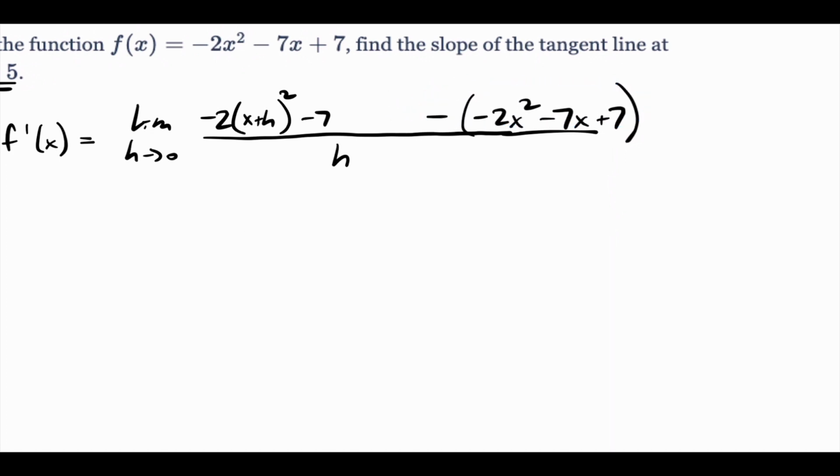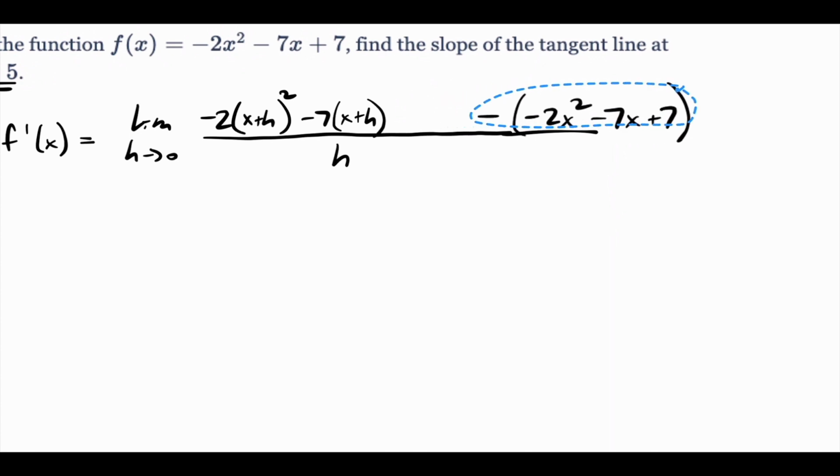Minus 7 x plus h. Plus 7, because 7 doesn't have an x. The last 7, that positive 7, doesn't have an x.